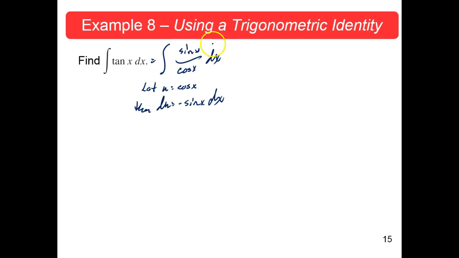You've almost got your numerator and dx part as this without the sign, and then you've got your denominator as the u. So to get rid of the sign, let's just do minus du is equal to sine x dx.